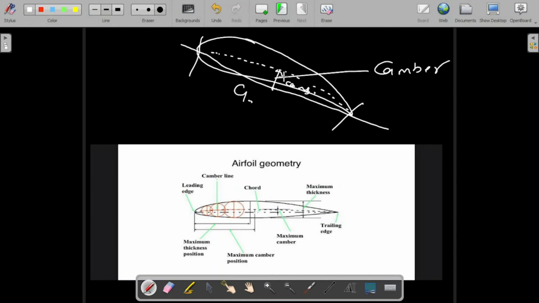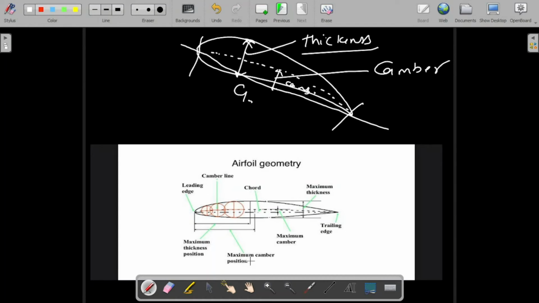Another terminology is the thickness. The point where the aerofoil has its maximum thickness is known as the aerofoil thickness. This is the maximum part. So these are the major parts: trailing edge, maximum thickness, where the foil has its maximum thickness, as shown here.